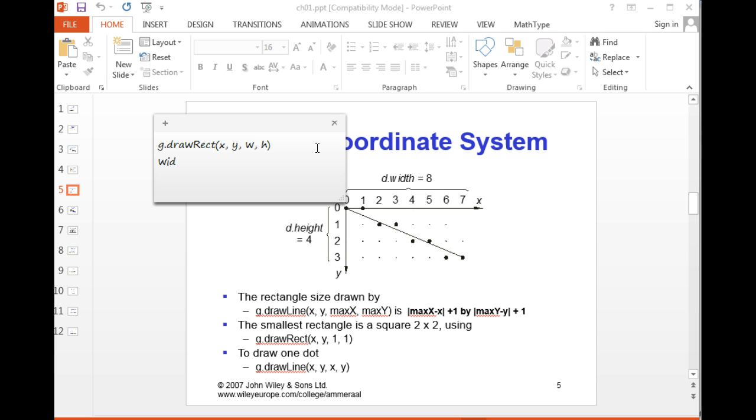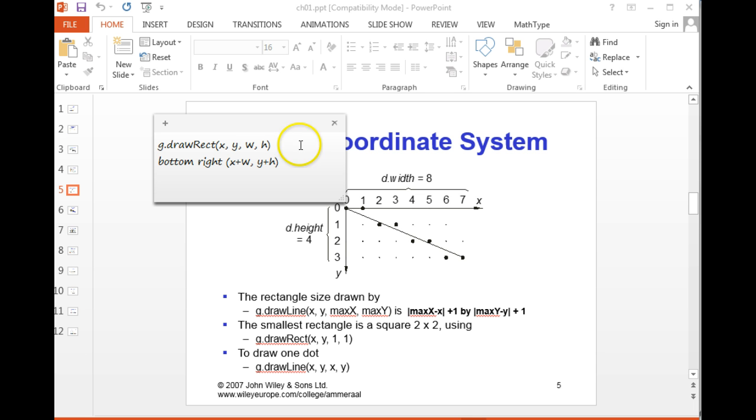Well, yeah, that's a little deceptive to say the width and the height are w and h. Actually, what we do is the bottom right corner is x plus w, comma, y plus h.